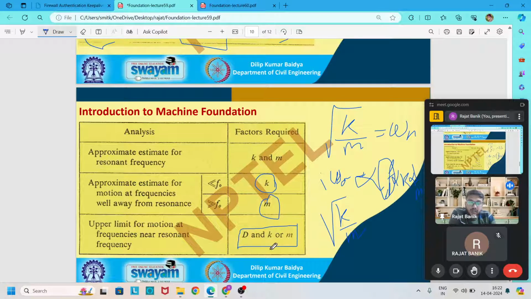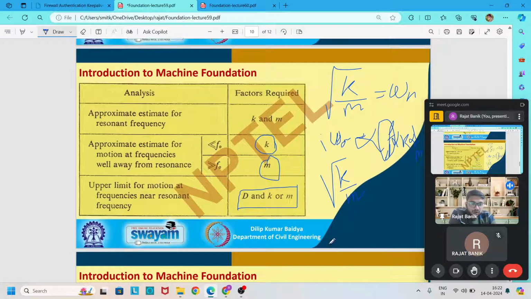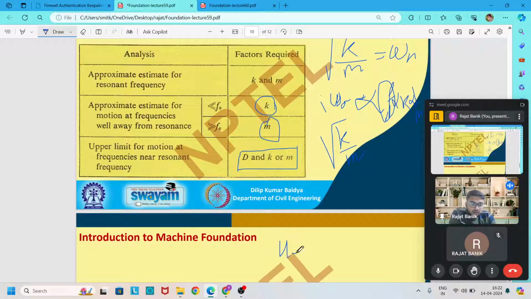So why is it so? We know that U is equal to, for constant force, F naught by K, divided by root over (1 minus (omega by omega n) whole square) whole square plus (2d omega by omega n) whole square.